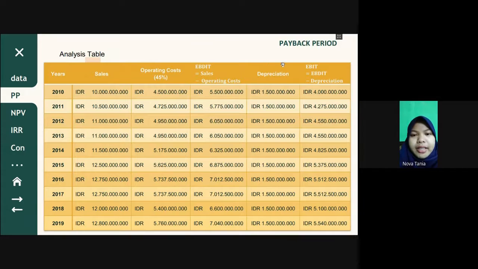And then the depreciation, we have it from the previous slide. And then the EBIT, which means the earning before interest and tax, is equal to EBITDA minus the depreciation. So we have the values like in the table.